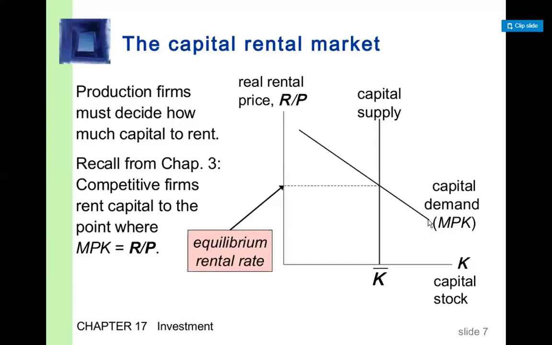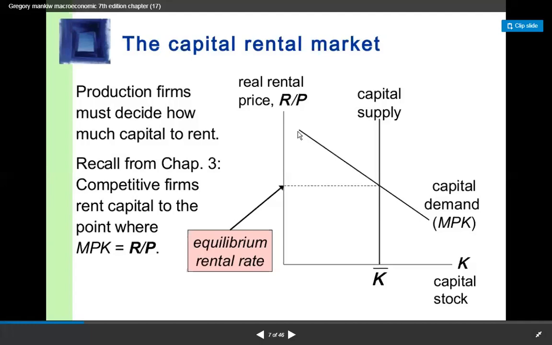So here you can see that as real rent is decreasing, we move along the demand curve. As real rent is decreasing, the production firms show a change in capital demand.